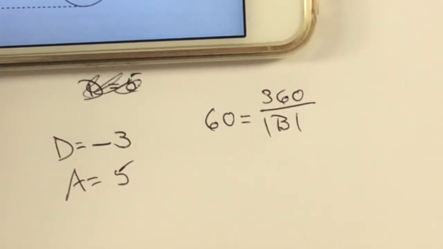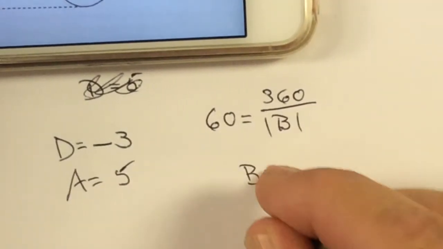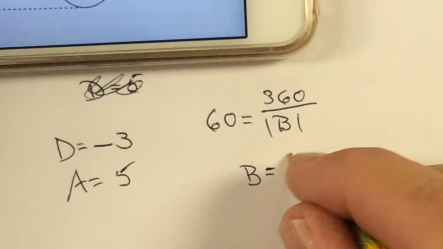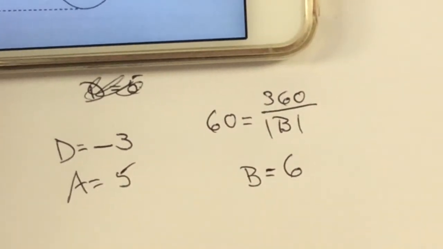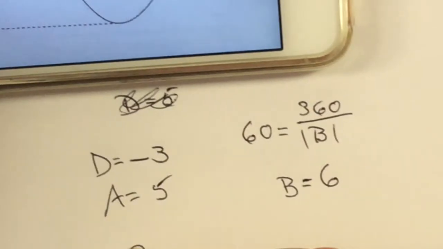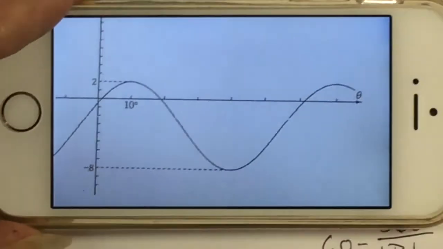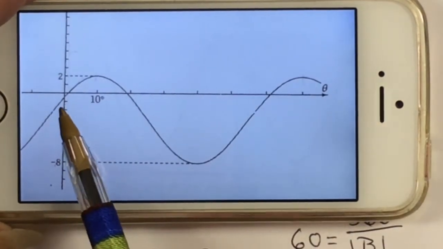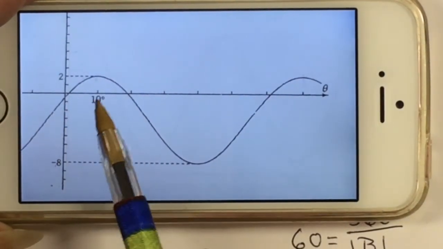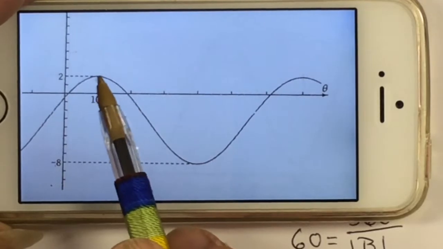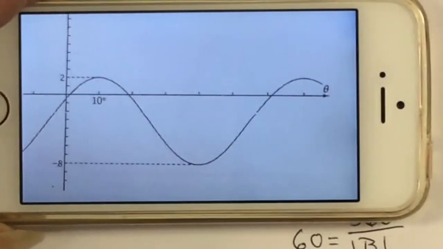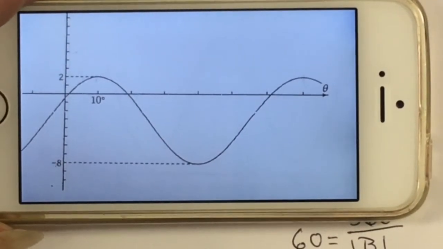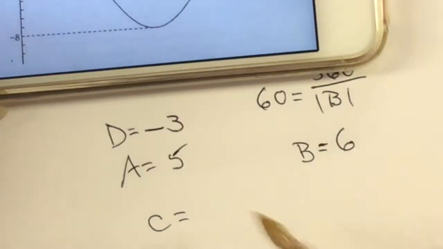We agreed on that? So what does b have to be? Okay. And c stands for what? Phase shift. So how much is it being shifted? 10 degrees to the right if what? What kind of curve would this have to be? Cosine. So if it's a cosine curve, it's 10 degrees to the right.